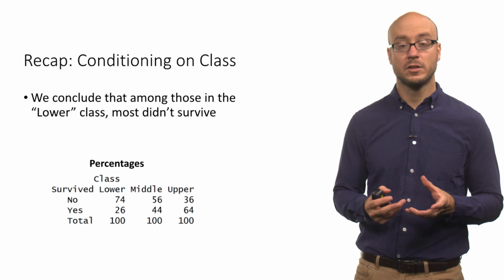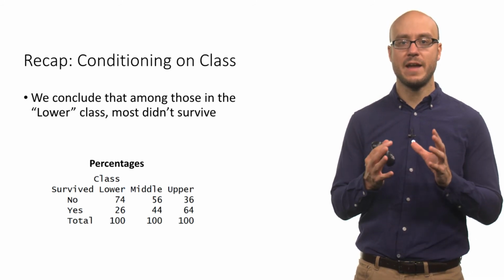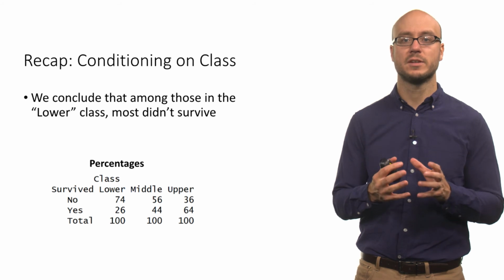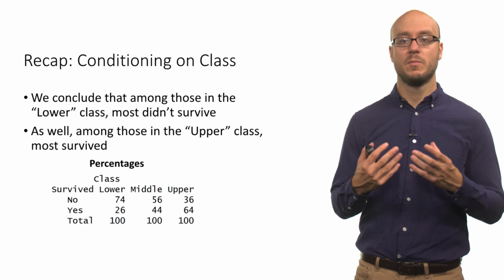We can conclude that among those in the lower class, most people did not survive, and among those in the upper class, most survived. So both of these conditioning approaches suggest a relationship.